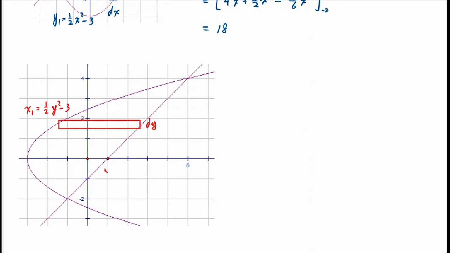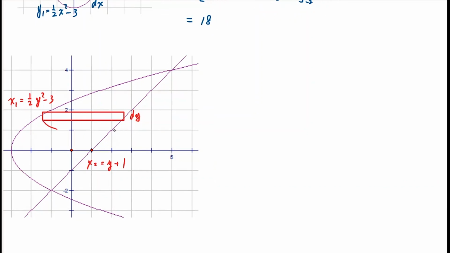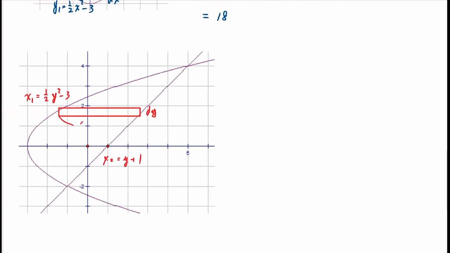And this one, x2, is, of course, y plus 1. You get it? So this width, I mean the length, happens to be x2 minus x1. How about that? So my dA now is x2 minus x1 dy.